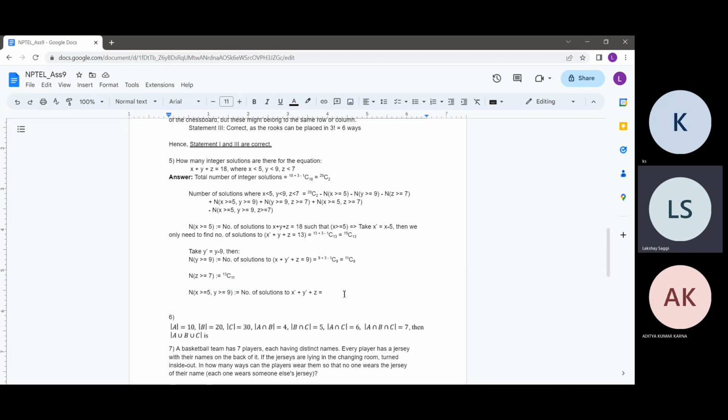So 18 minus 14 becomes 4. I hope it's clear how I write this. This is what I want. And for calculating this, I already know the answer. It's nothing but 4 plus 3, 7, minus 1, 6, 6C4.